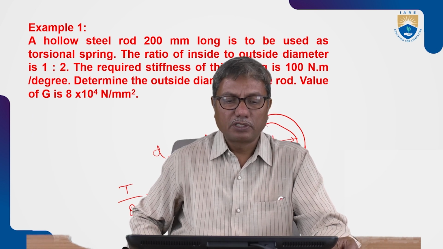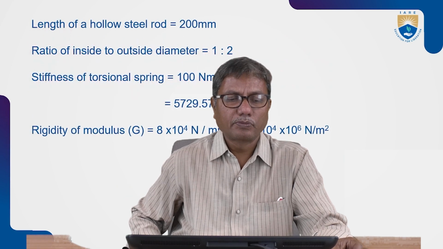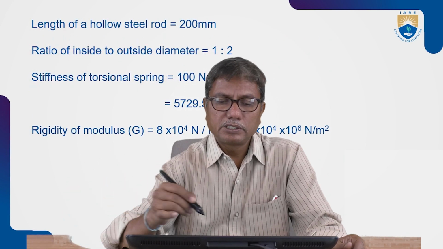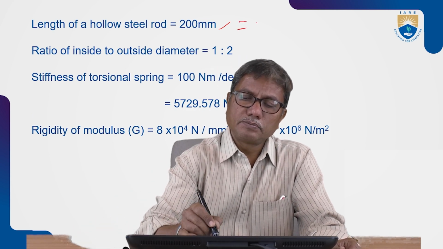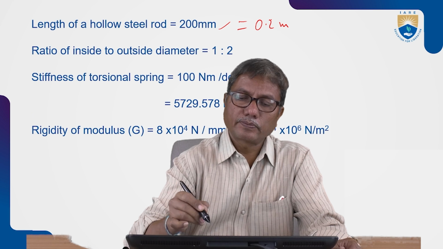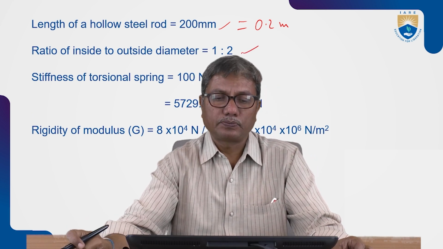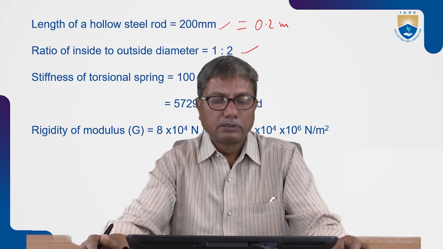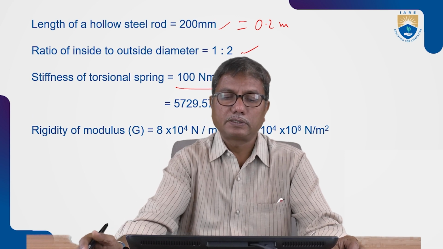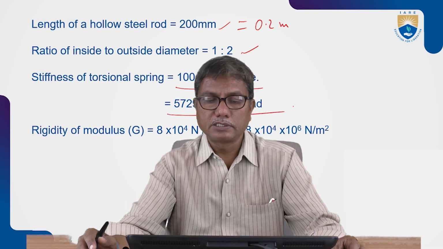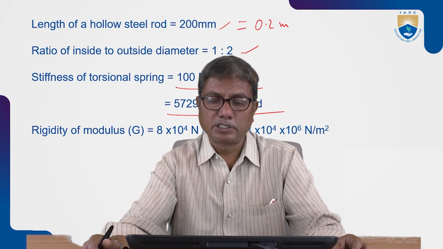We have to use this value in Newton meter per radians. So let us see how to solve this problem, how to find the diameters of the tube. The length of the rod is 200 mm, which in meters is 0.2 meters. The ratio of inside to outside diameters is 1:2. The stiffness of the spring, 100 Newton meter per degree, is 5729.578 Newton meter per radians.